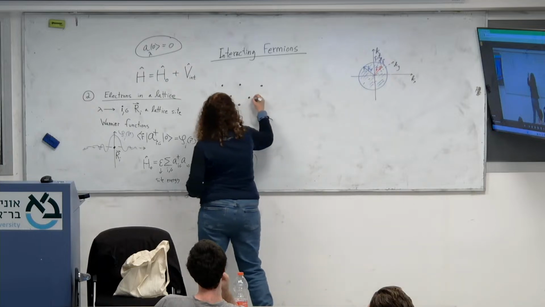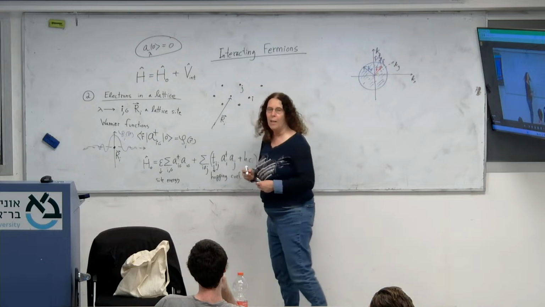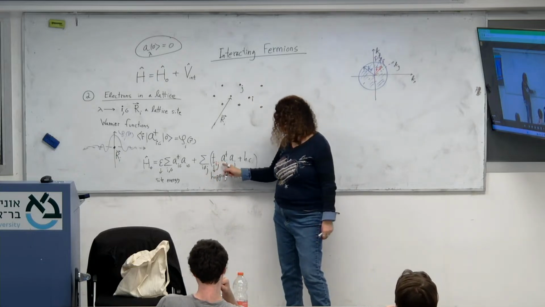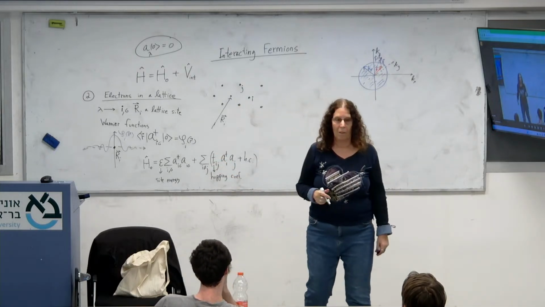So if this is I and this is J, there are two different sites. They don't have to be nearest neighbors. In principle, T_ij counts over all the pairs of sites.